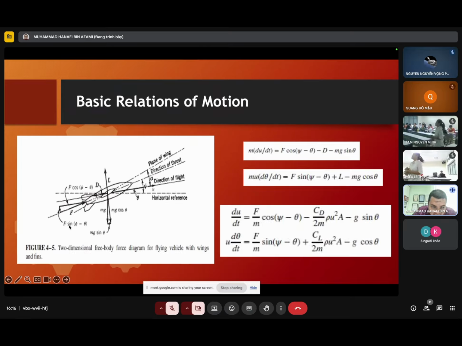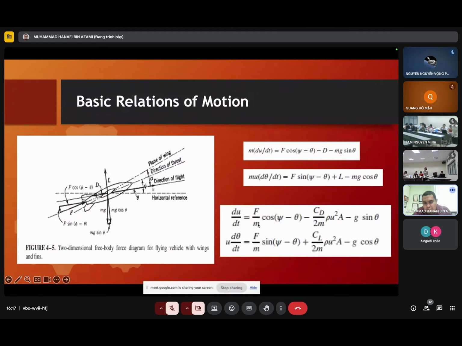And also you have lift going up, and then mg cos theta going down. So these two equations are important, and then they have put m, which is mass, going down.